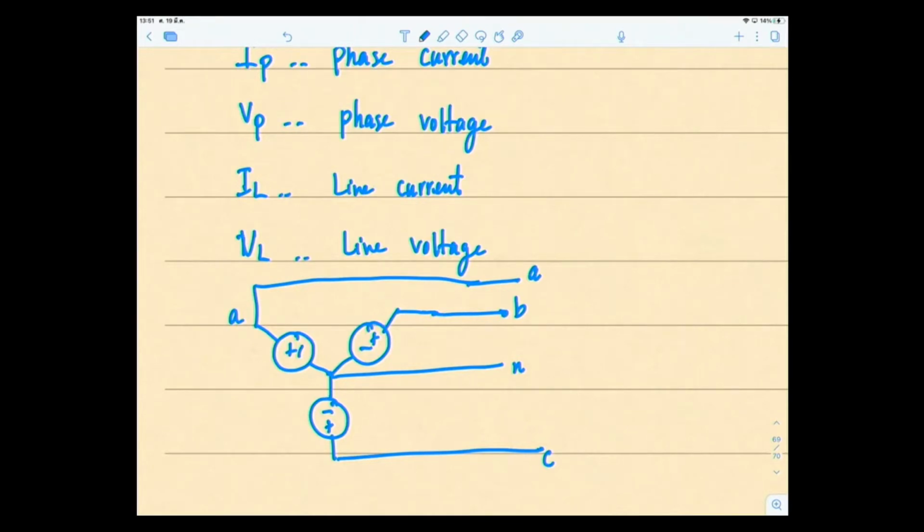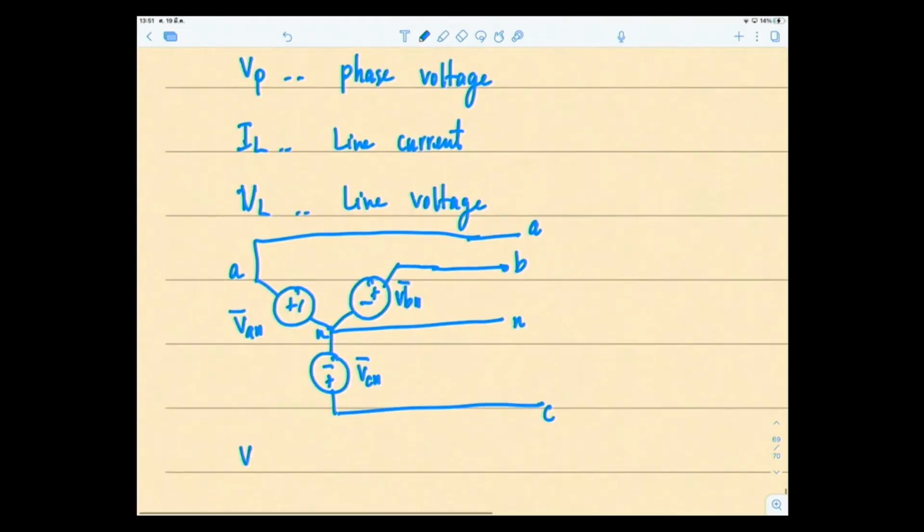And of course, we have this one, node N. So this is VAN, VBN, and VCN. Therefore, VAN, VBN, and VCN, in these configurations, we call the phase voltage.